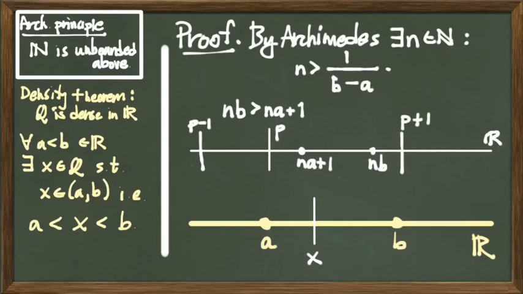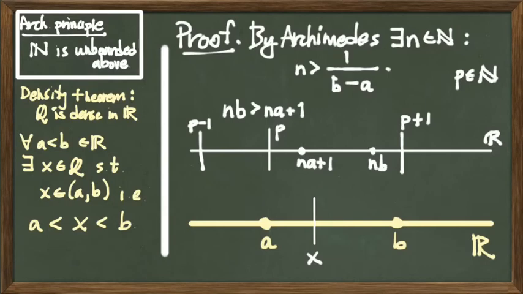So there are 3 consecutive integers on the number line. So p, and by integers I really mean natural numbers. That's how we're going to do this here. Na plus 1 and nb are kind of there, and what's most important is that p is less than na plus 1.